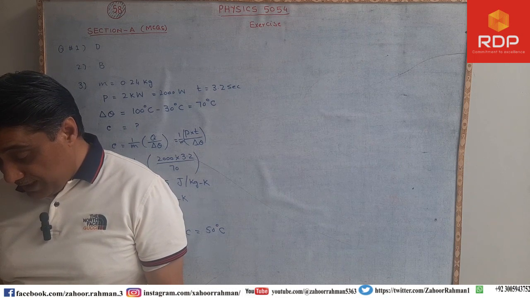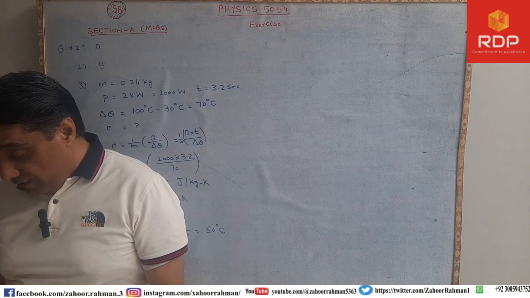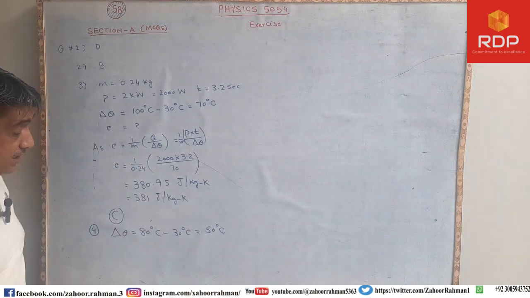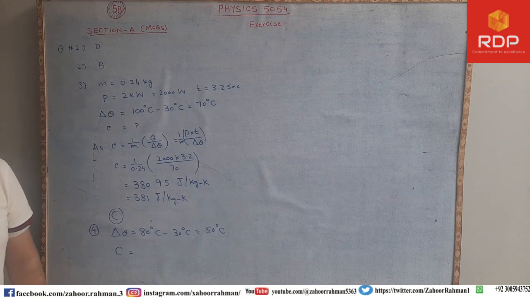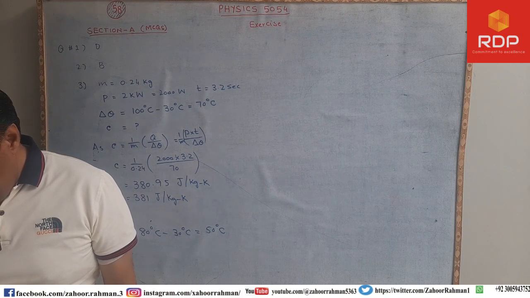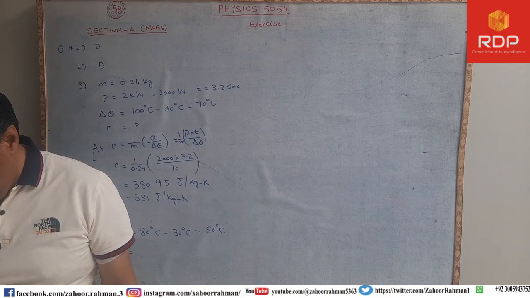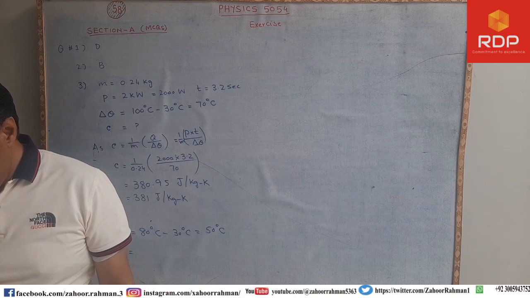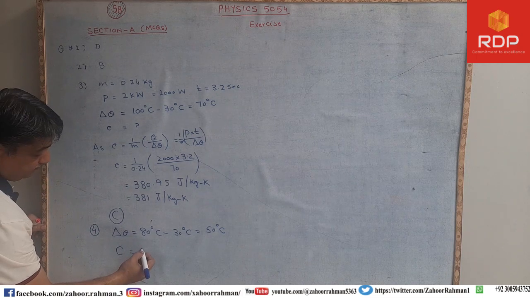If the heat capacity of the cup and coffee is 2.0 kilojoule per Kelvin. Note, it is not specific heat, it is capital C, the heat capacity. It is not saying the specific heat capacity of the cup and coffee.